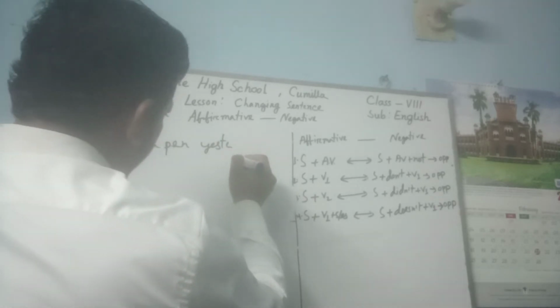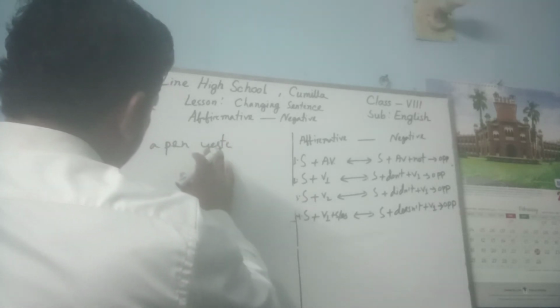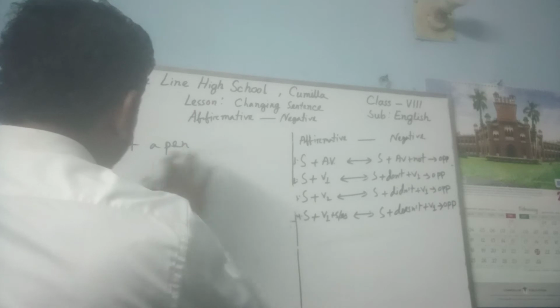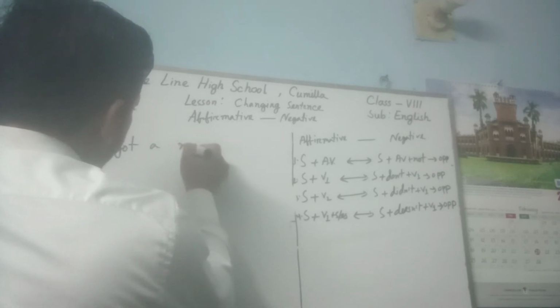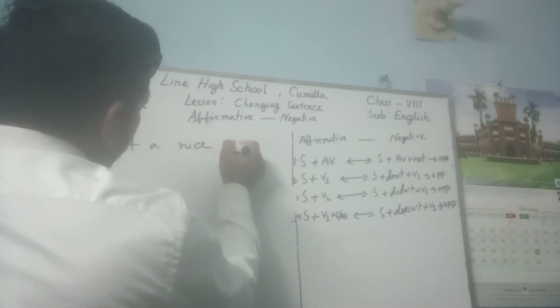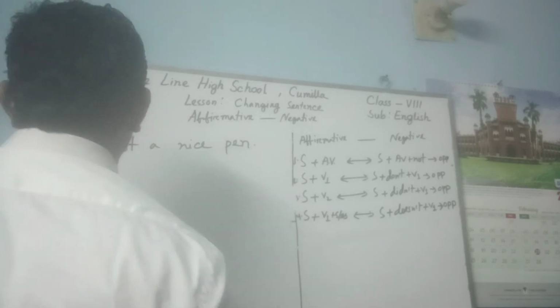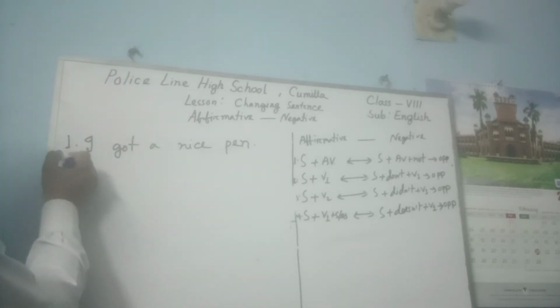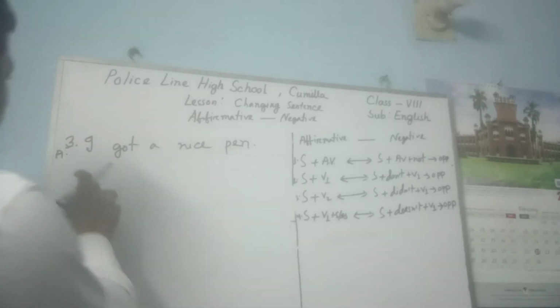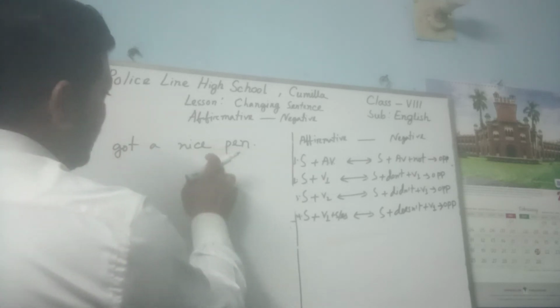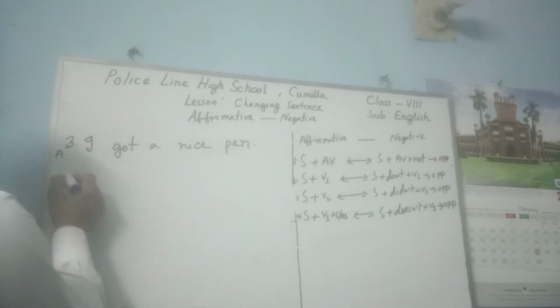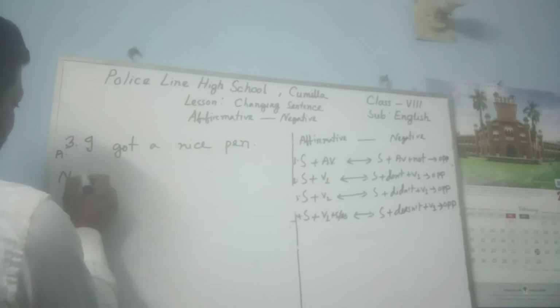Sorry, I write here, I got a nice pen. That is the affirmative sentence, and that is the rule 3. Affirmative sentence is I got a nice pen. Okay, now I will write it in negative.